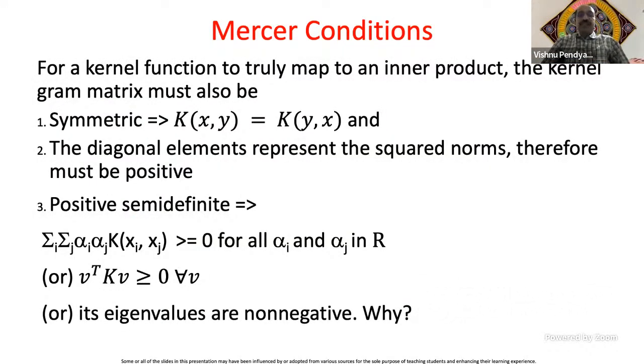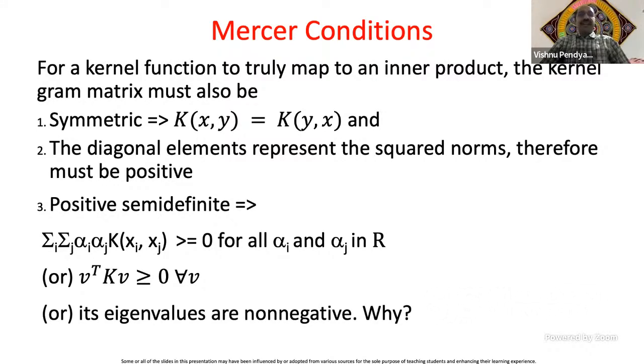So that brings us to Mercer's theorem and Mercer's conditions. For a kernel function to truly map to an inner product, the kernel gram matrix must also be symmetric, like we talked about. So the kernel function of x comma y should be equal to the kernel function of y comma x.